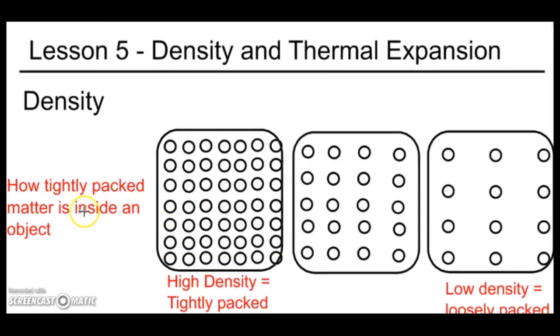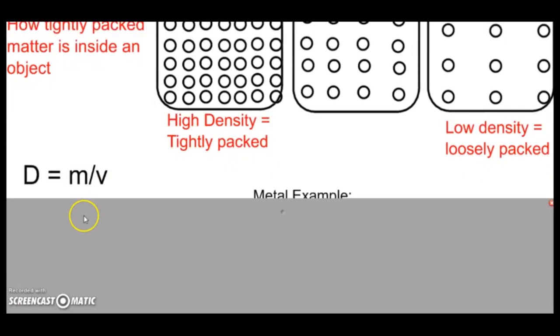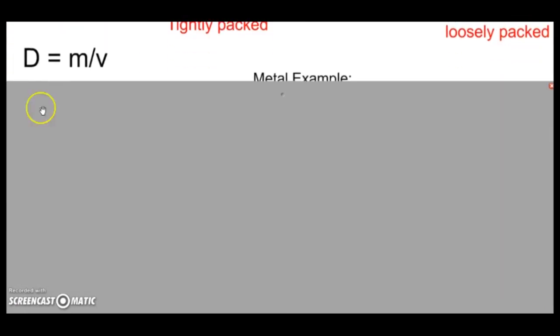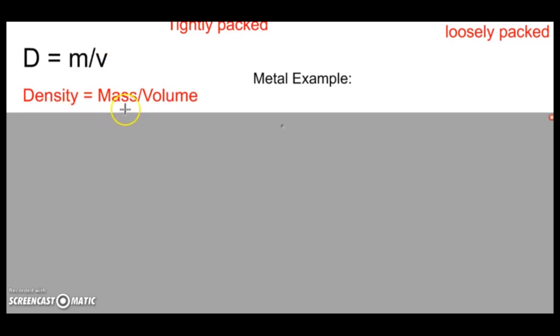Moving on. Now, how do we find density? There's a little math equation for us here. D equals m divided by v. And what this stands for is density equals mass divided by volume. So density, the thing we're looking for, you take your mass, you just divide by the volume of that object.